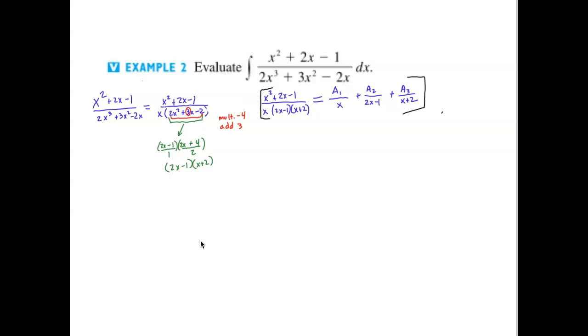So I'm going to multiply both sides of this equation by x times 2x minus 1 times x plus 2. So everything's getting multiplied by that common denominator. On the left side, all that's going to do is cancel out the denominator, and it's just going to leave me with x squared plus 2x minus 1.